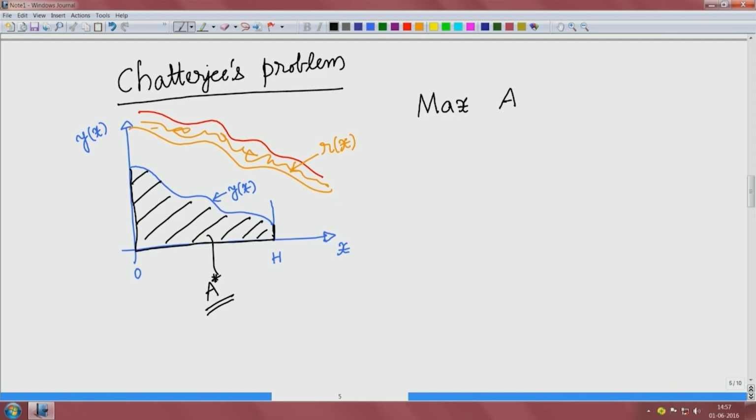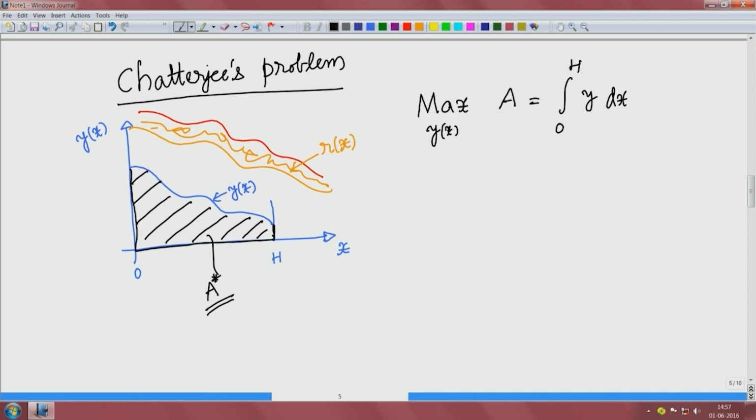So, he or she wants to maximize area. So, area will be y dx. Area is integral of y dx from 0 to h, right. If we have such a thing here, our unknown here of course is y of x, right.